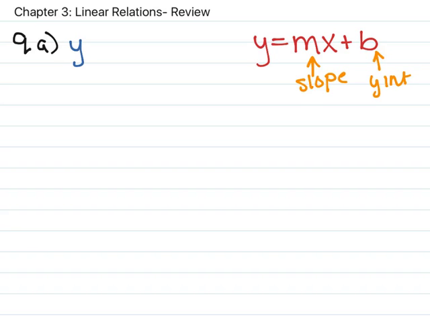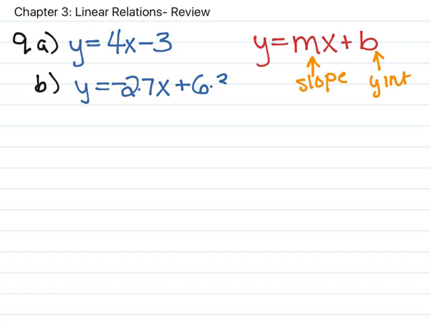For A, y equals 4x minus 3. B, y equals negative 2.7x plus 6.3. C, y equals the slope, which is 0x, plus the y-intercept, positive 2.5.